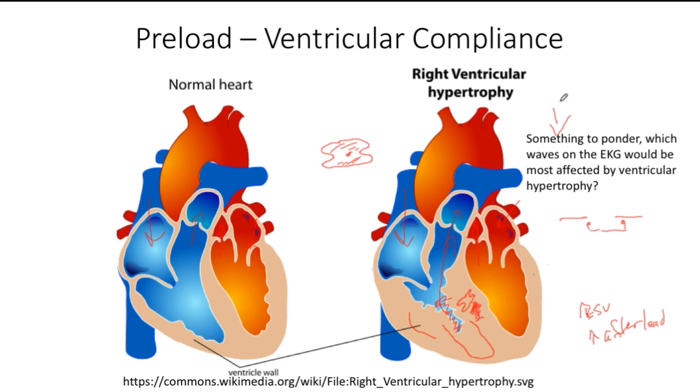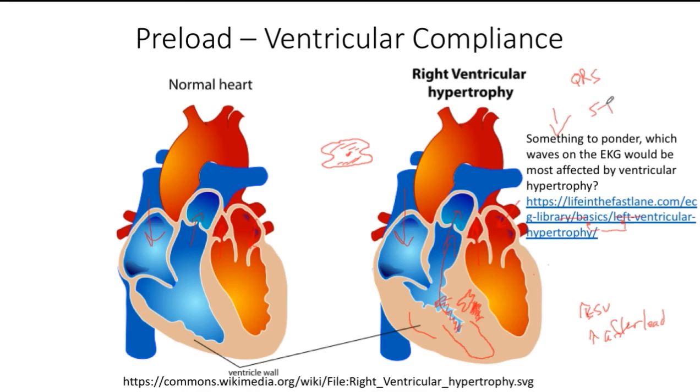We're talking about the ventricles enlarging here, and if you want to look, this website here actually has some really good, solid clinical information on this. Depending on which leads you're looking at on an EKG, the QRS complex is going to be the most greatly affected by this, because remember, the QRS complex is showing you ventricular depolarization, and then the ST segment, remember, is ventricular ejection.